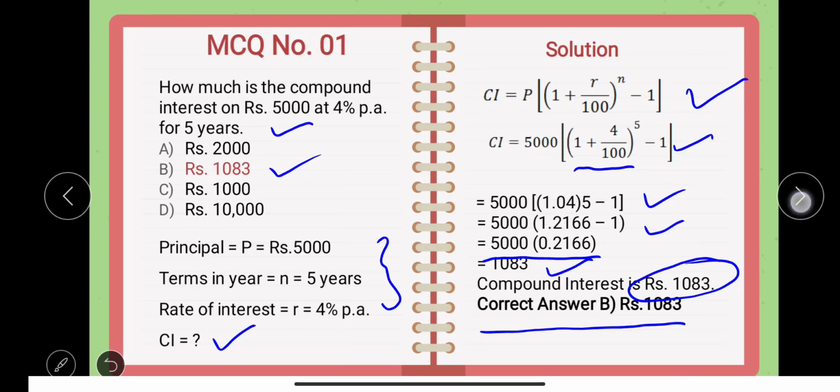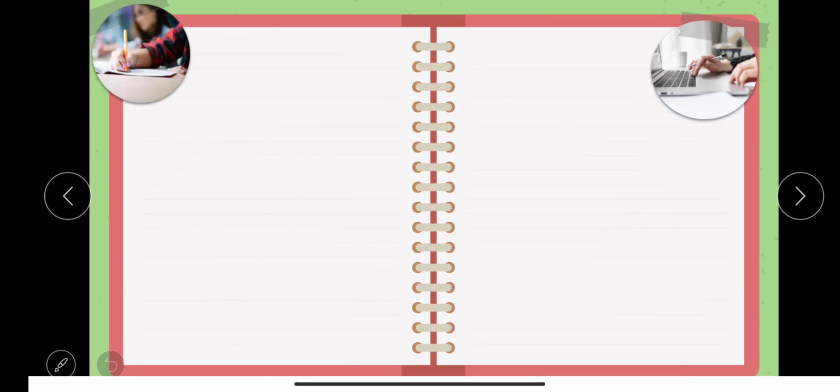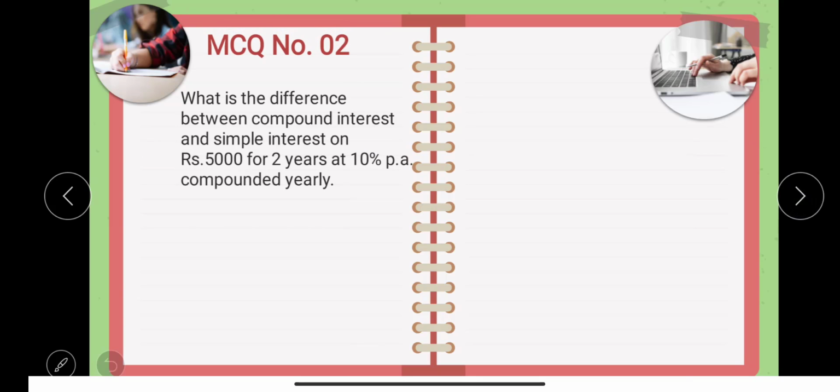Next question. Question number 2. What is the difference between compound interest and simple interest on rupees 5000 for 2 years at 10% per annum compounded yearly? So firstly you have to read the question carefully.